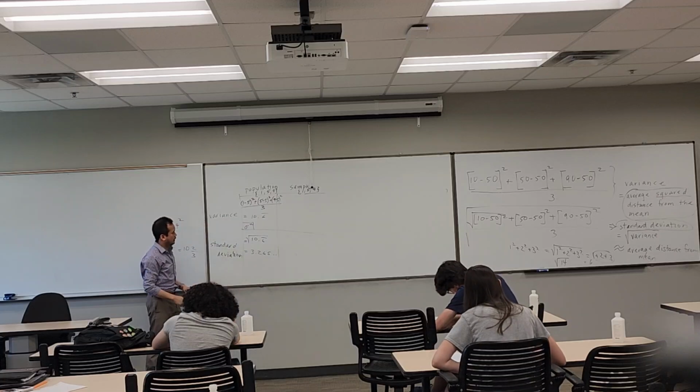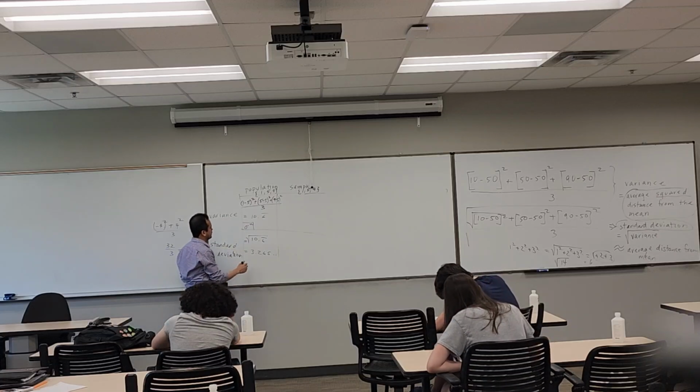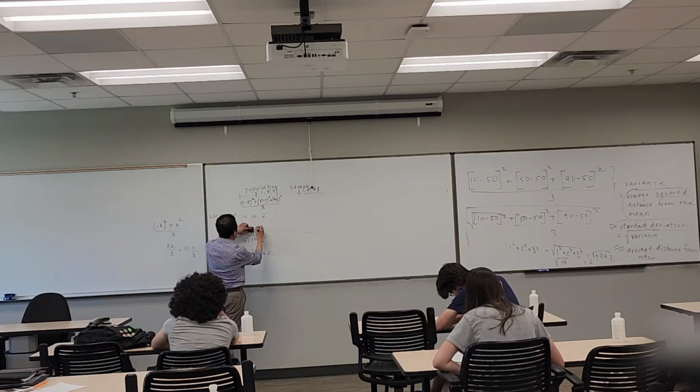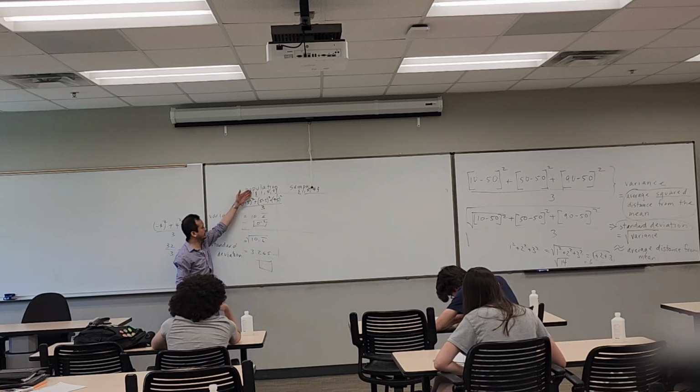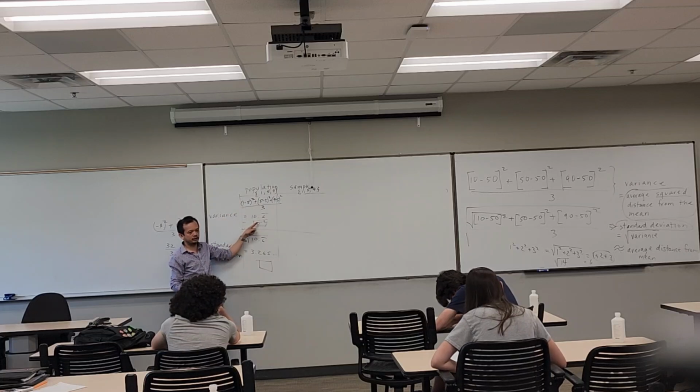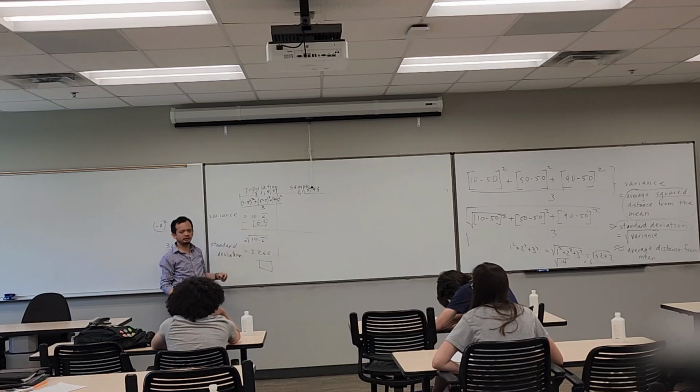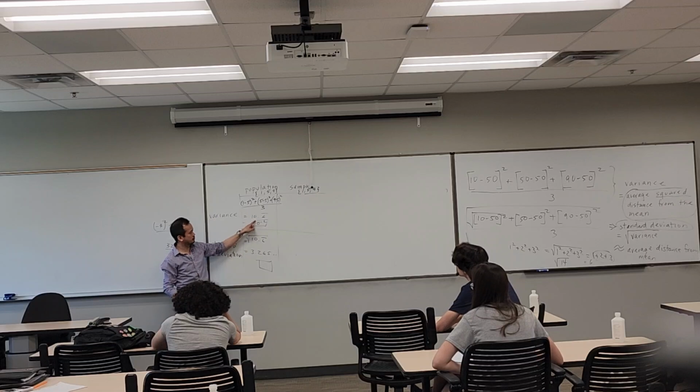Okay? And so let's talk about the symbol associated with that. If the symbol for the population variance was chosen as sigma squared, and the population standard deviation is just the square root of that, then what do you think the symbol for the population standard deviation will be? Essentially, it'll just be the square root of sigma squared.